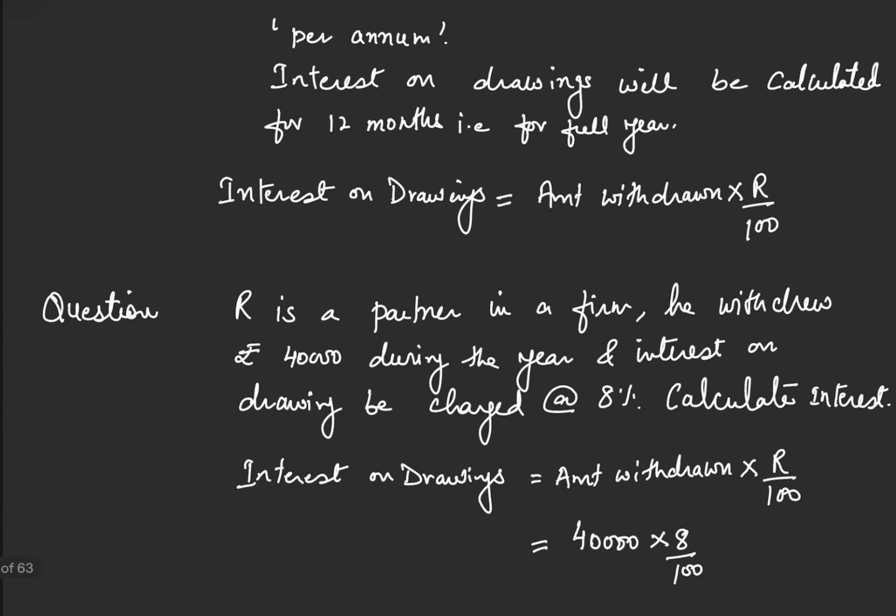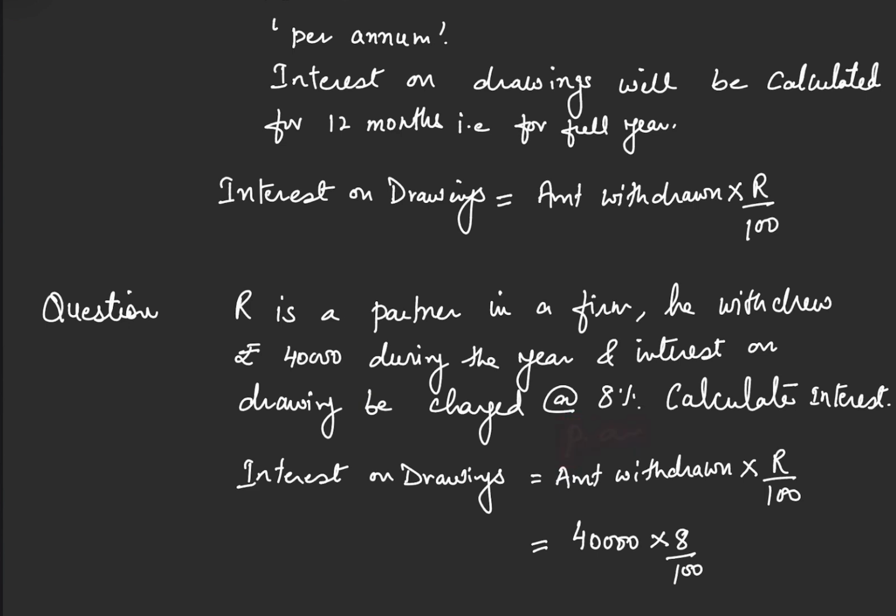Let's discuss the question. R is a partner in a firm. He withdrew rupees 40,000 during the year and interest on drawings be charged at the rate 8%. Calculate interest. So in this, the rate is mentioned whereas the words per annum are not given.